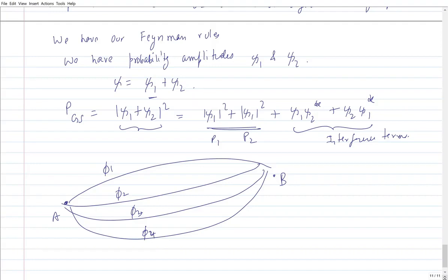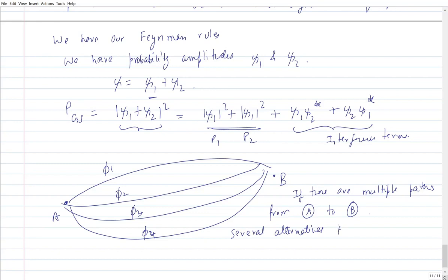And if there are multiple paths from A to B, so that means I have several alternatives to go from A to B, all the probability amplitudes add up.